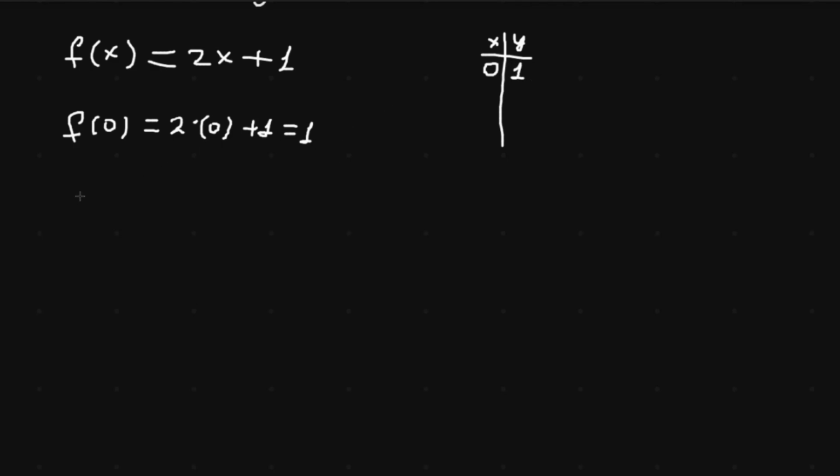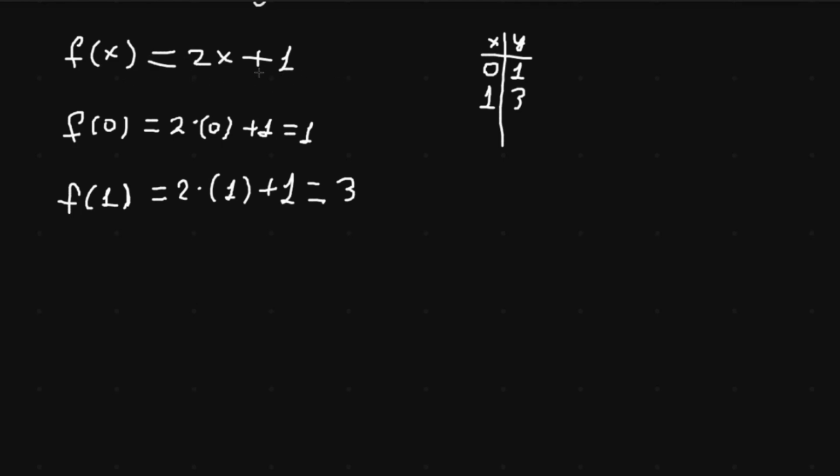Now let's input another number, let's say 1. We will have f of 1 is equal to 2 times 1 plus 1, which is 2 plus 1, and this is 3. So for x equal to 1, we have y equal to 3. Now this is a linear function, which means that the graph of this function is just a straight line.